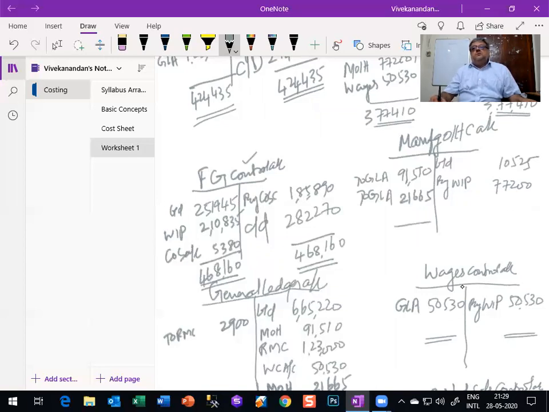Now the manufacturing overheads, let's balance. 91,510 plus 21,665. How much? 1,13,175.